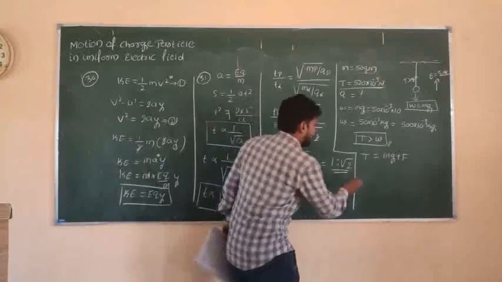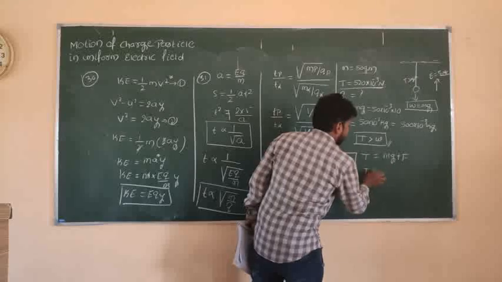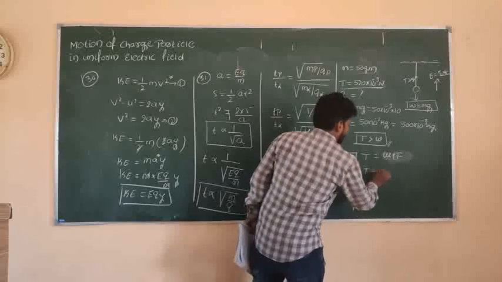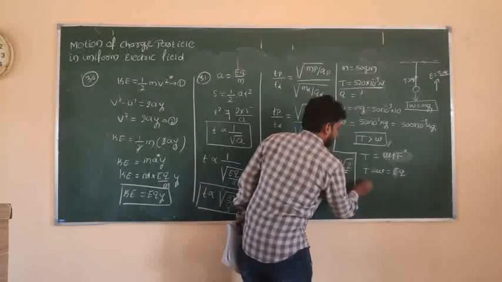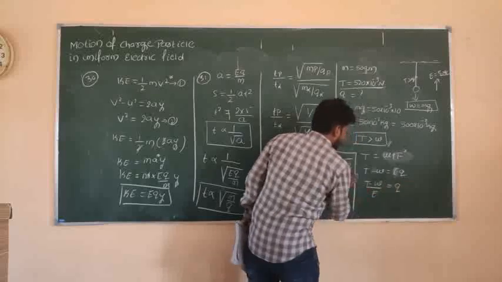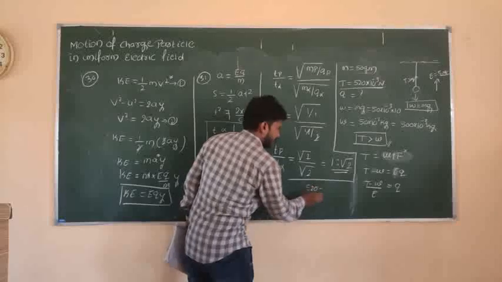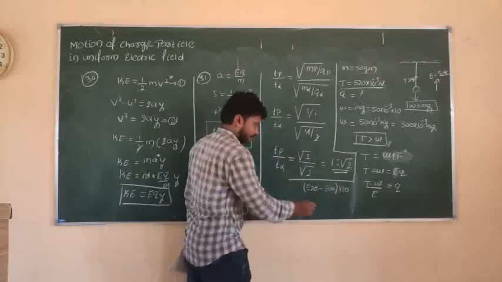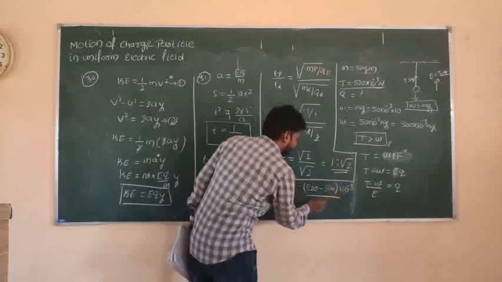Let me rearrange: tension in the string T is equal to weight W plus the force F. F I write as E into Q. So T minus W divided by E is equivalent to Q. Finally, tension is 520, weight is 500 into 10 to the power of minus 3, and the electric field is 5 Newton per coulomb.